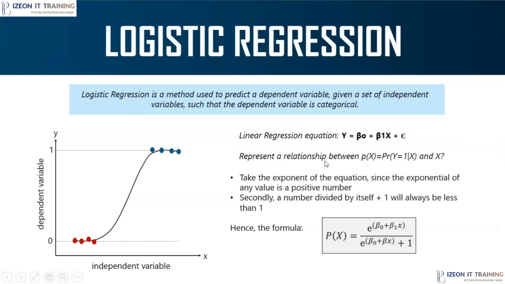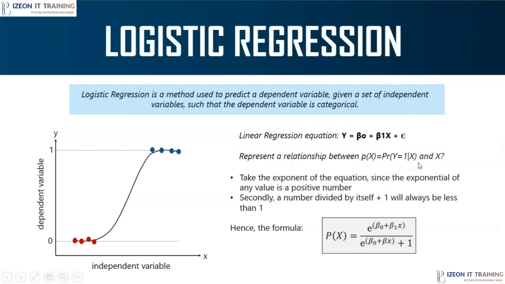Given that x is the independent variable and y is the dependent variable, how can we represent a relationship between x and y such that y ranges only between 0 and 1? Here this value denotes probability of y equal to 1 given some value of x, where Pr denotes probability.